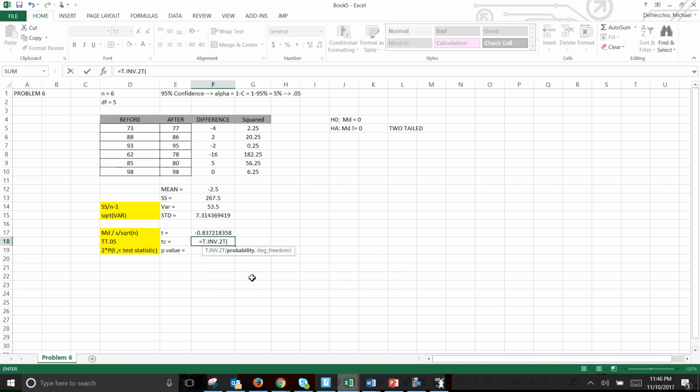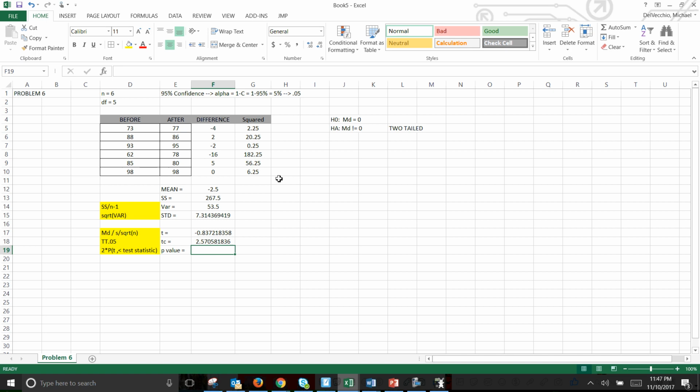And the probability is going to be, for a two-tail, well, the level of significance is 0.05, and we're doing it with a two-tail test. It has degrees of freedom of 5. Oops. Okay. Let's try this again. T.INV.2T, two-tail. And the probability again is 0.05 for the two tails, and the degrees of freedom is 5. Okay, so that gives us a critical value of 2.57.